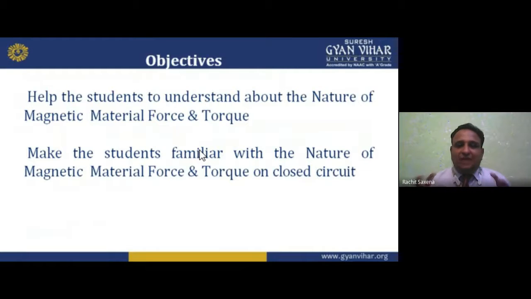First, how the force is applicable in the magnetic material, and torque, and what nature we have on a closed circuit. If the circuit is closed, all effects we have. So we are going to study this in this lecture.